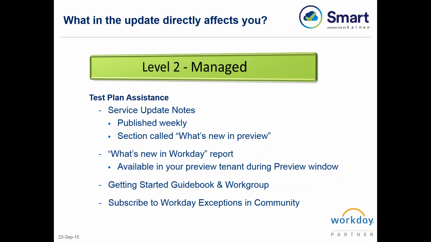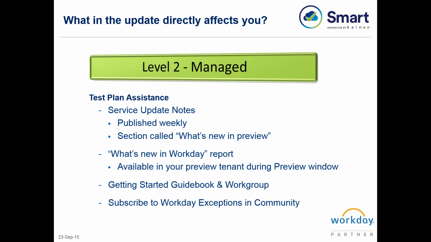And the last thing that I only found out about very recently is that there's a Workday exceptions in Community. If you subscribe to this in Community, you'll get alerted of anything that Workday have previously said would be coming in the preview window and is now being released at a later date, or is actually being released at a later time during the Workday preview window.